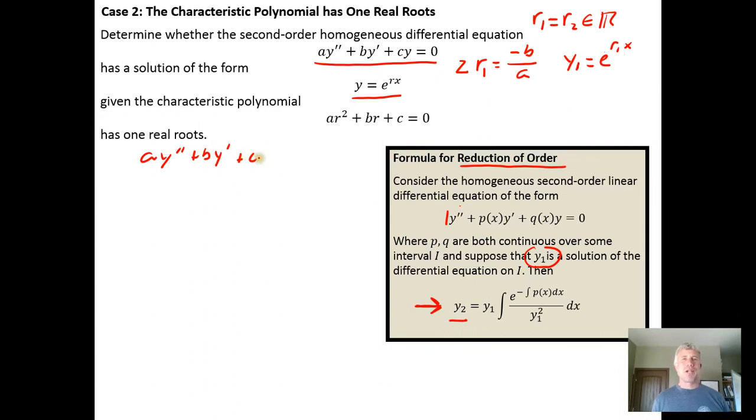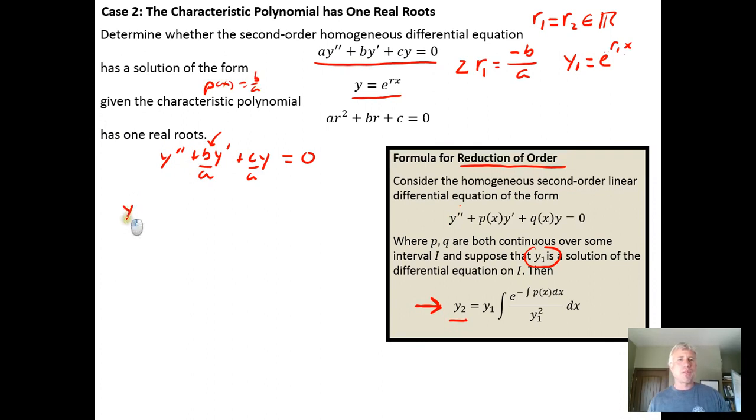I need to get this differential equation into the appropriate form, so I have to divide through by a to get that leading coefficient of 1, because our formula derivation relied on that leading coefficient being a 1. Once we do that, we have our p of x right here. Our p of x is going to be the b over a. So we just pop stuff into the formula.